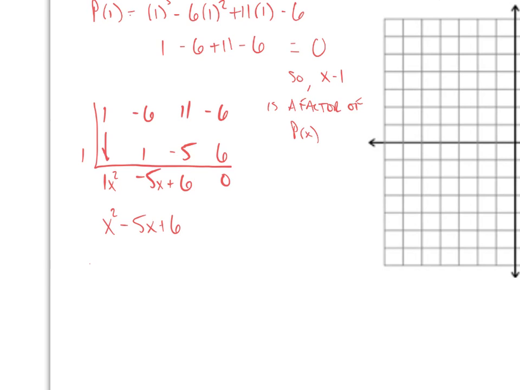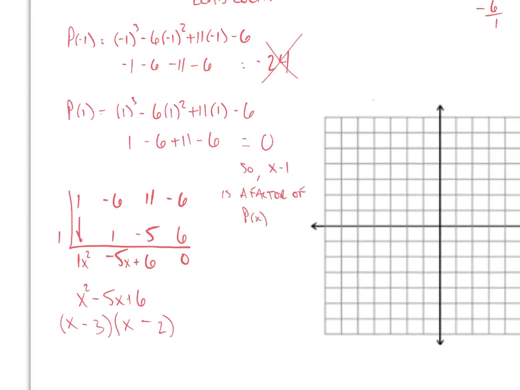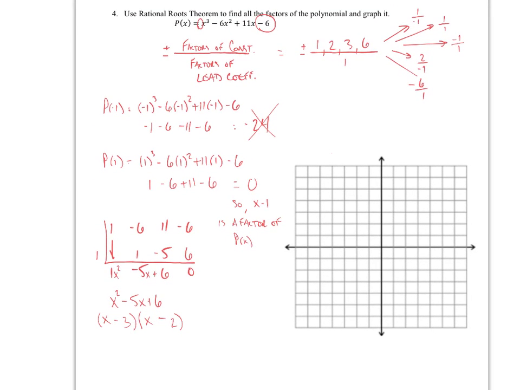Now we can double bubble this, and if we can't, then we'll just use the quadratic formula, but this ends up double bubbling to -3 and -2. So we've just factored this entire thing. We're looking for all 3 of the factors, and we just found them. They are x minus 3, x minus 2, and x minus 1.